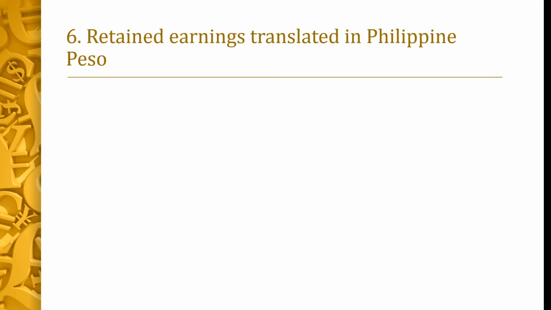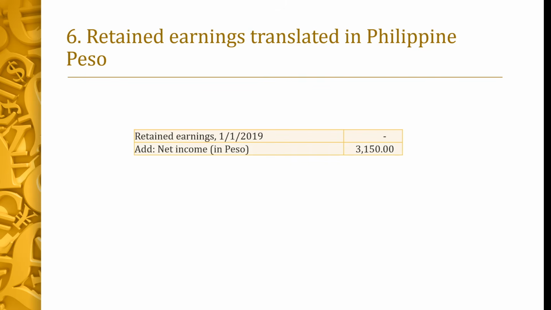Number 6, retained earnings translated in Philippine peso. Since the Japanese subsidiary started operations January 1, 2019, zero pa ang beginning balance, walang problema ang beginning balance natin as of 2019. Had net income, 3,150 as our answer earlier, less dividends declared and paid.